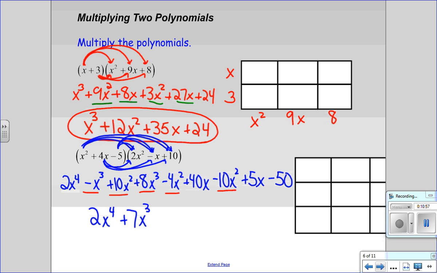So I get 10x squared minus 4x squared is 6x squared. So minus 10 is negative 4x squared. Combine my x terms to get plus 45x. And then I'll carry down my final term, which is minus 50.